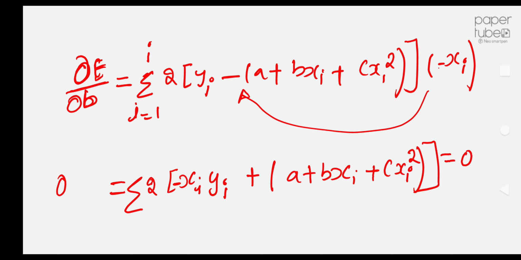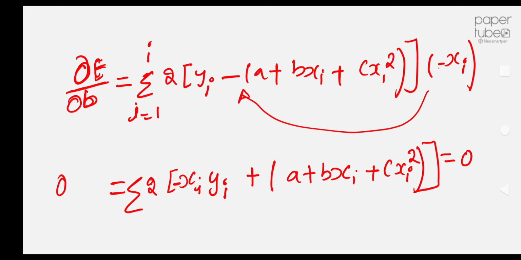So now we can calculate the change in error. We already calculated how the error changes with respect to A, and how the error changes with respect to B. Now we can calculate how the error changes with respect to C, and this should be equal to 0. So how to do this? You have again the same 2 y1 minus, so we go back to this expression.